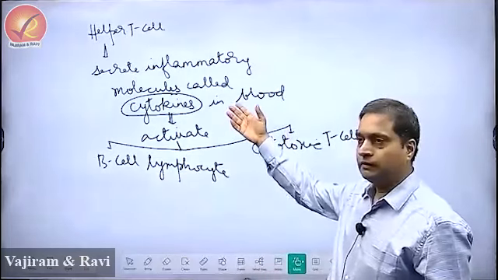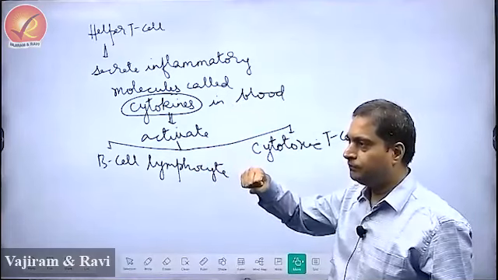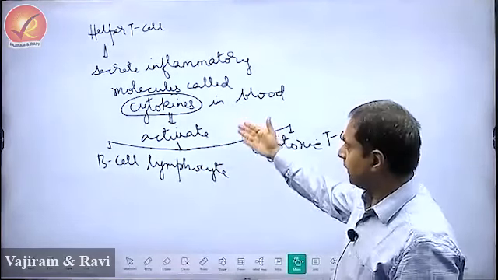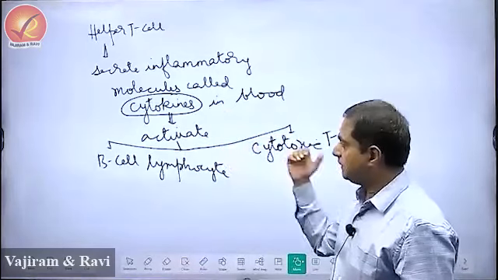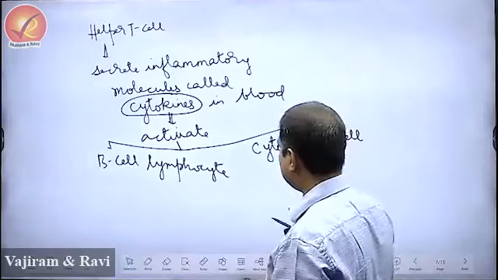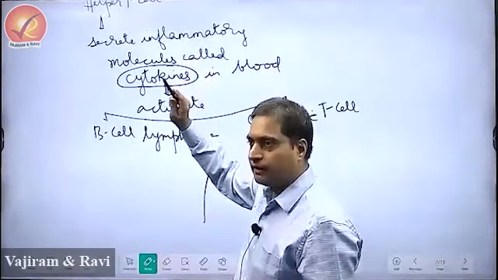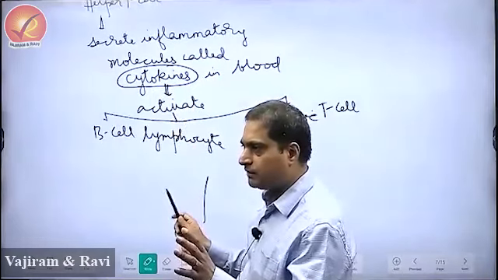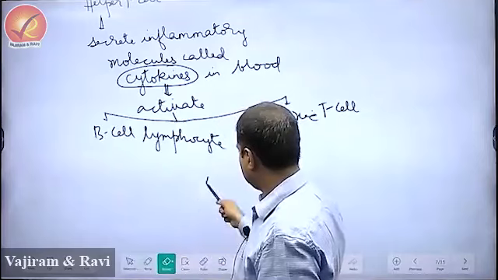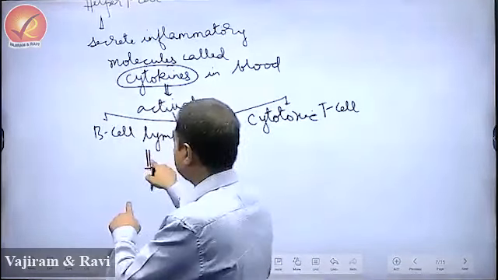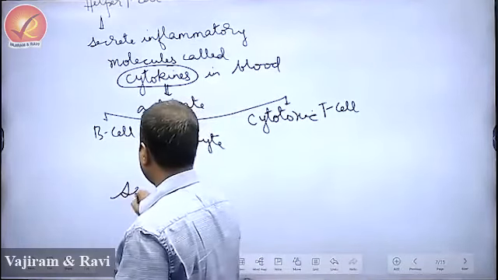So when the virus has entered the body and is trying to multiply in the body, then cytokines released by the helper T cell activate B cells. So helper T cell is acting as a radar signal. Is it clear? Cytokines are radar signals. Then B cell lymphocytes are informed to get ready to produce what?